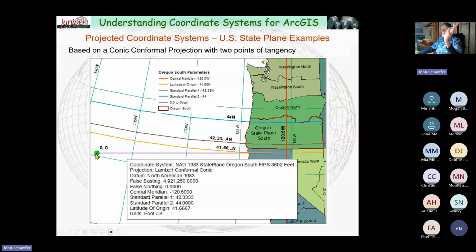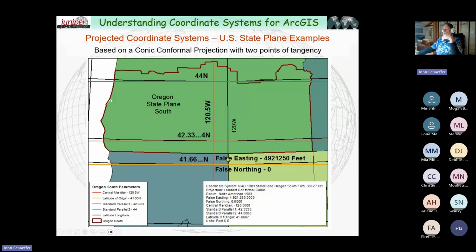But the whole purpose of this false easting is so that, let's go back a slide. So my false easting, if it was 0, as I move to the left, all my east-west coordinates would be negative over here. And they'd be positive over there. And that could be confusing.